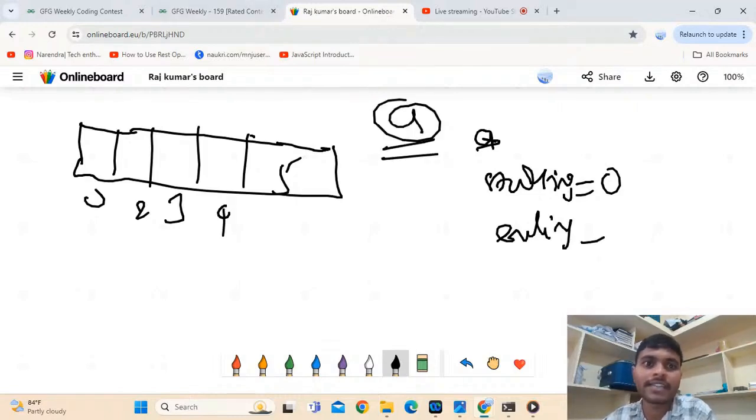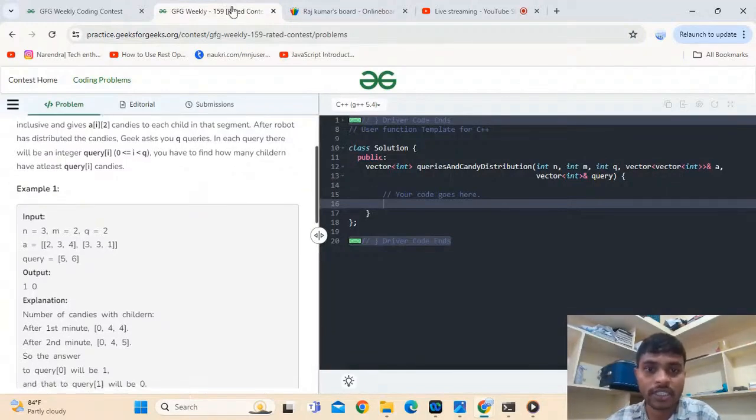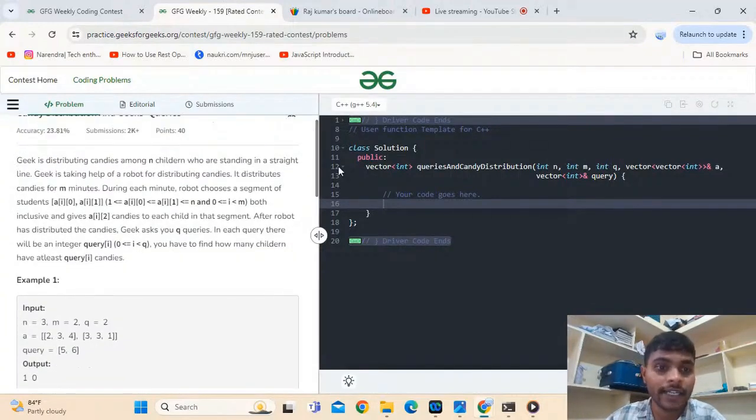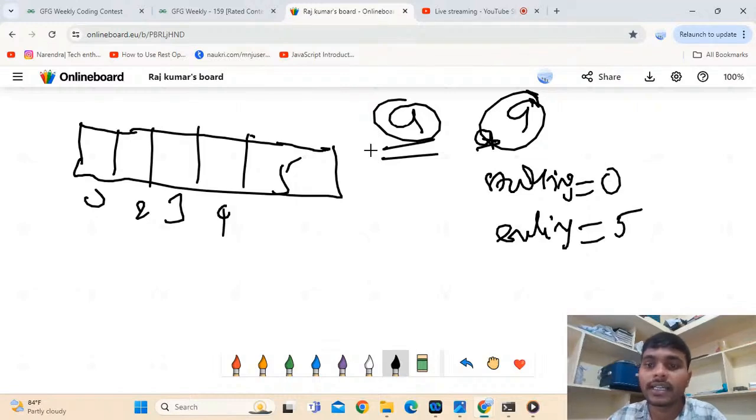If this query is given in our vector a, guys, read the question and try to understand the question deeply, then only you will understand this logic. If you don't understand the question, read it again, read it again. Okay, so you will understand. Guys, here for suppose he gave 9 candies, and the starting and ending index is 0 to 5.